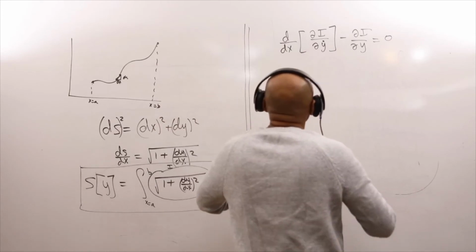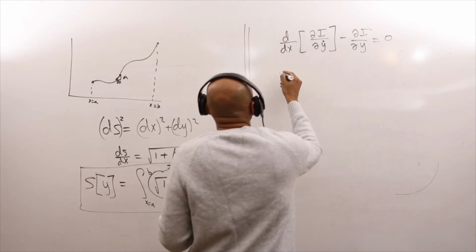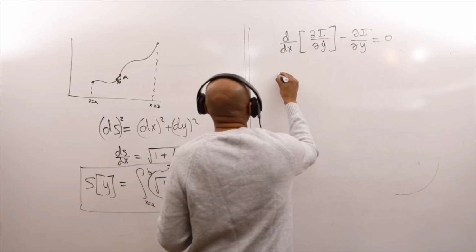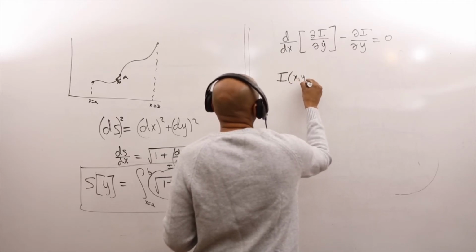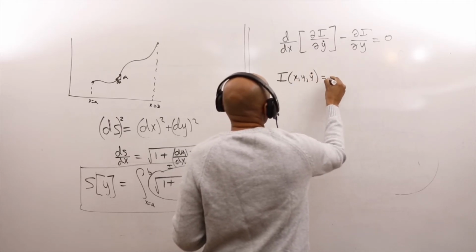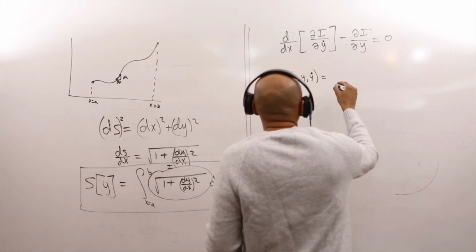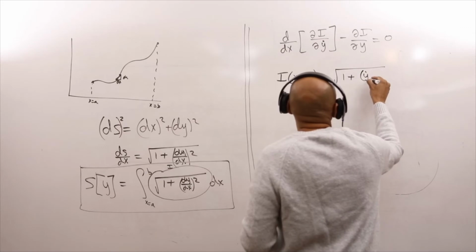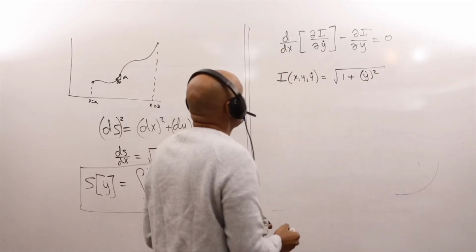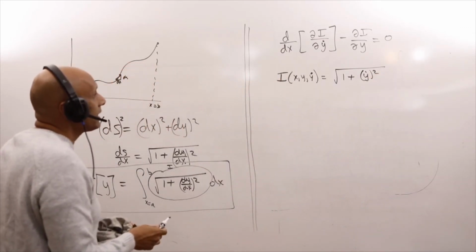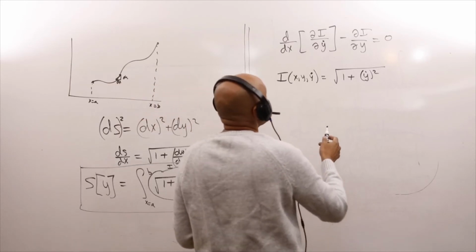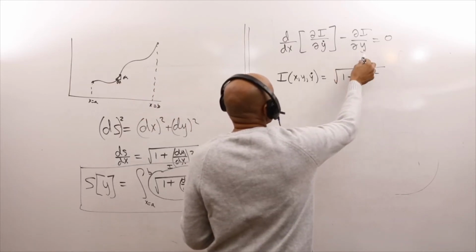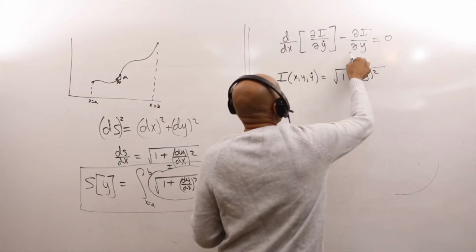Anyway, so what is I? Let's calculate. We're told that I at x, y, and y dot is equal to the square root of 1 plus y dot squared. Now, if you take a look at this equation, there is no y in this term at all, so the partial with respect to y will be 0.